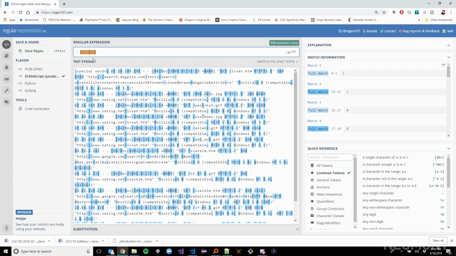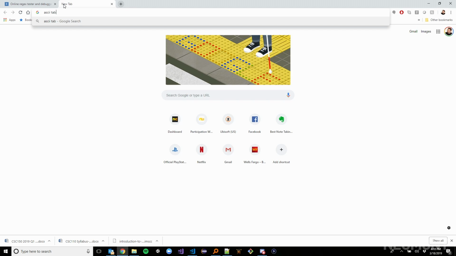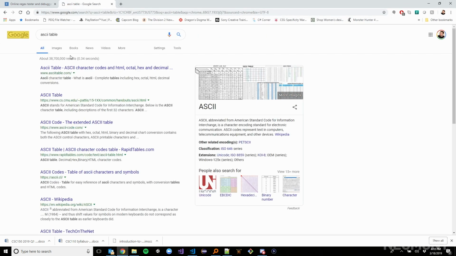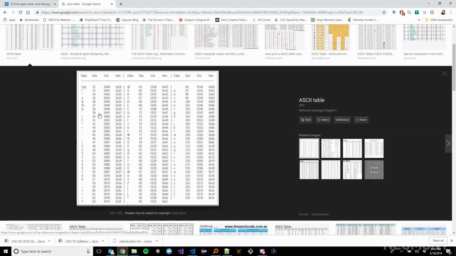If you ever want to know what the ASCII value of a character is, simply look up ASCII table in Google. Find an image that you like, and notice the decimal value and the symbol, the character that it represents. This is the best way to quickly find out what the ASCII value of any given character is.